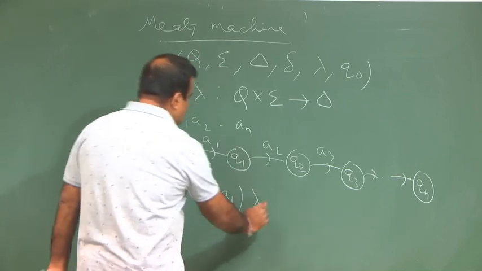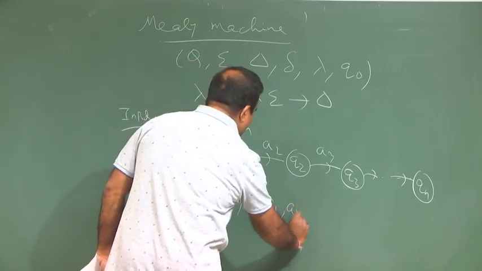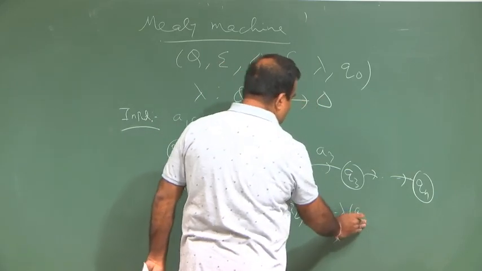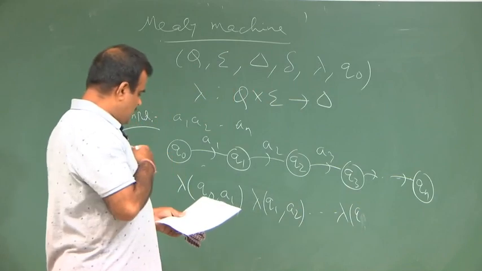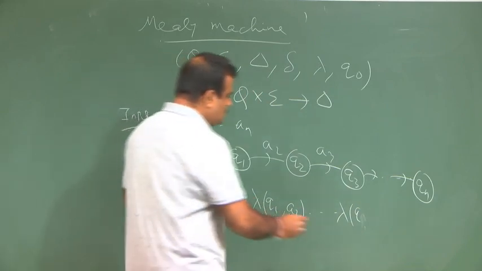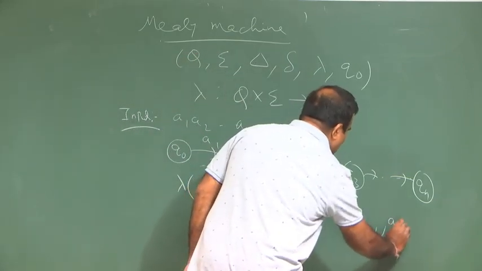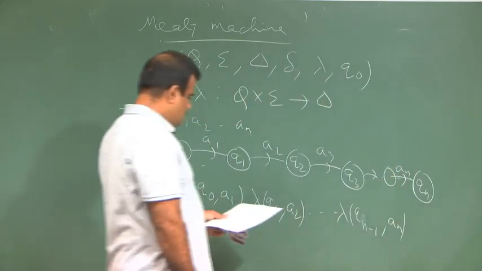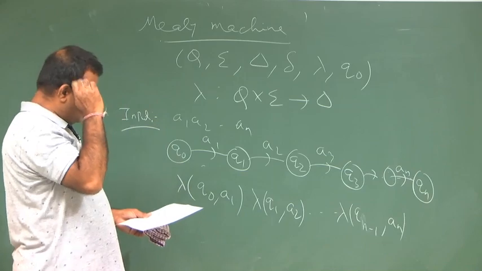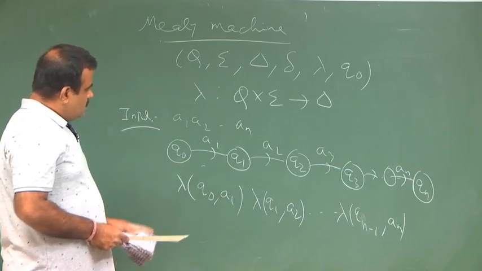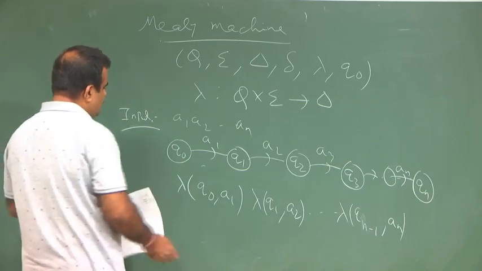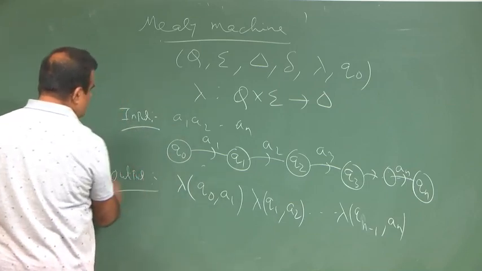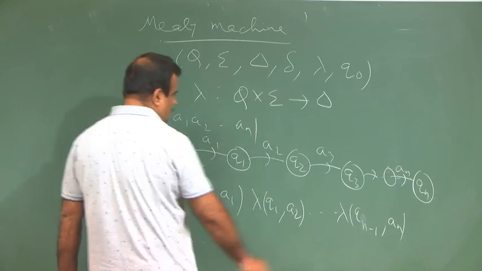Then we are at Q1, so lambda of Q1, A2, and finally lambda of Q(n-1), An, because this is An and we are at Q(n-1). This is the input, and this is the output. The input is of length n, and the output is also of length n.